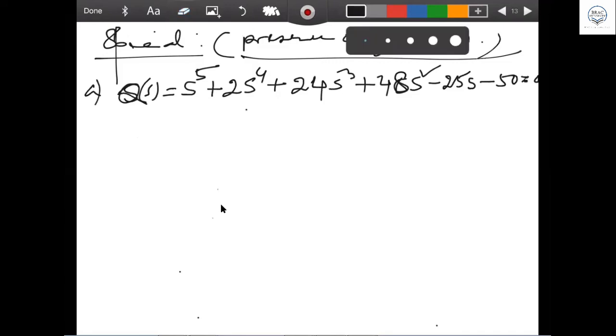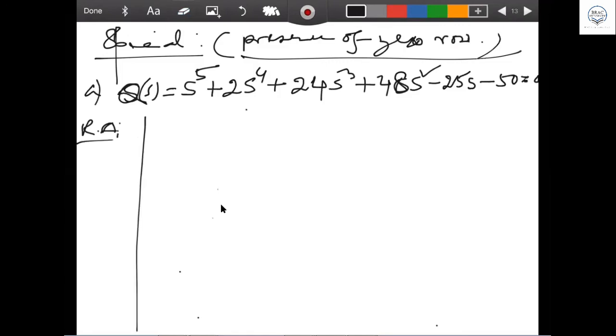Okay, here is the Routhian array: s to the power 5, s to the 4, s cube, s square, s to the 1, s to the 0. So you are saying that it is 1, 24, then minus 25, right? And next, 2, 48, minus 50.